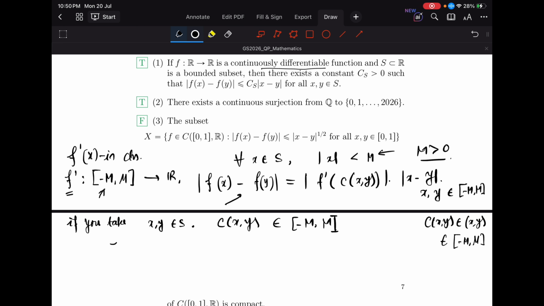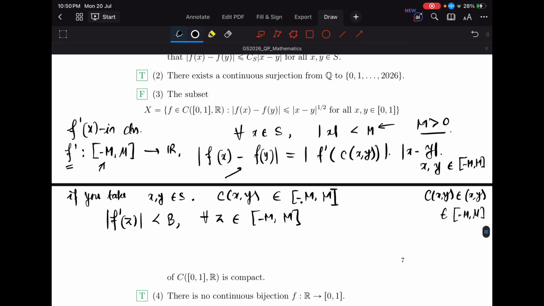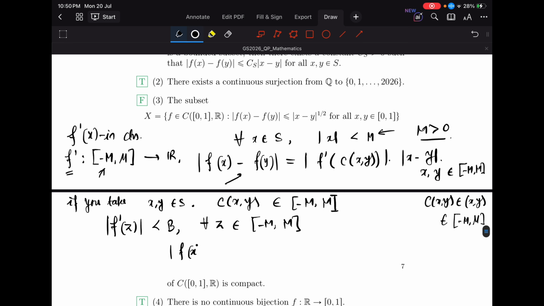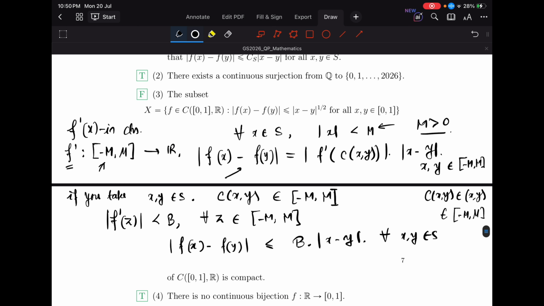So we can say that |f prime of z| is strictly less than b for all z inside minus m comma m. As c(x, y) is inside minus m comma m, we can say that |f(x) minus f(y)| is less than or equal to b times |x minus y| for all x, y belongs to S. So this is true.